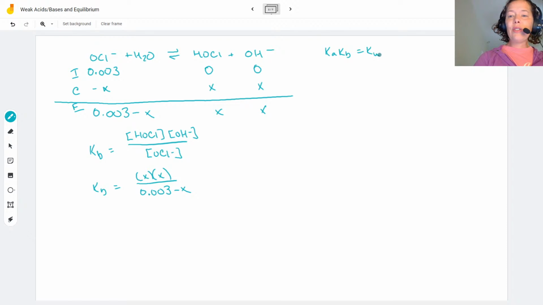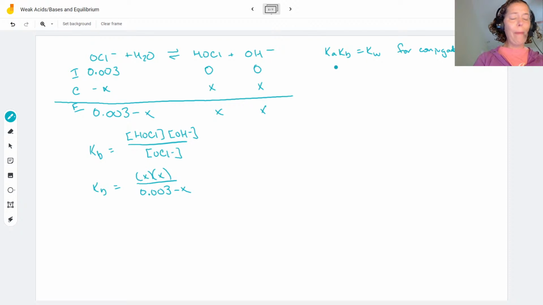Now, this is only true for conjugate pairs. So you couldn't take your Ka for hypochlorous acid and calculate your Kb for diazepam. So it's only for conjugate pairs that this works.